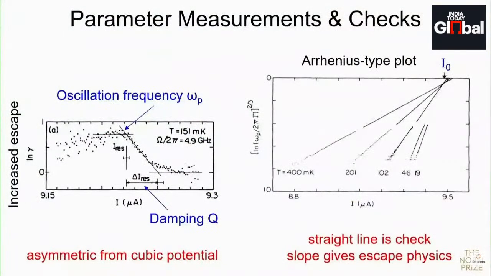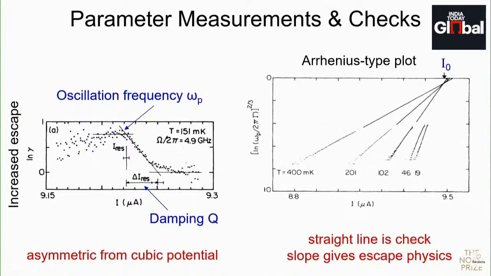So how do we measure the parameters? This was very important. So on the left, I think we already talked about, we took the device, measured the switching times, switching rates at a variety of currents, okay, so that the frequency is slowly changing there.